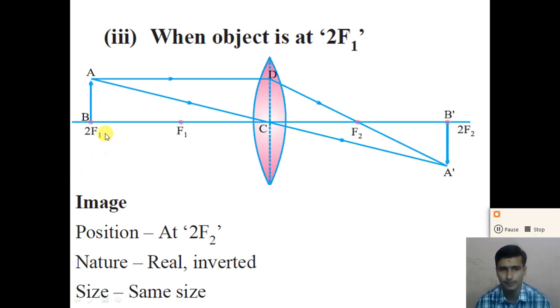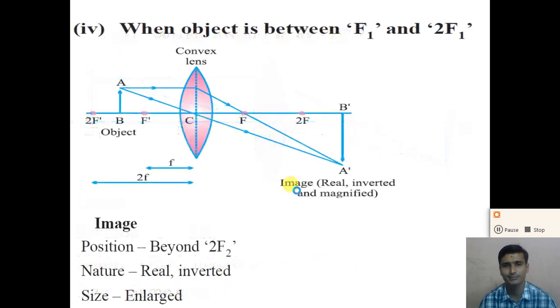So when the object is placed at 2F1, the image will be formed at 2F2. The nature of the image is real and inverted, and the size of the image is the same as the size of the object. Understand? Dear student, when the object is placed at 2F1, the image will be produced at 2F2. The nature of the image is real and inverted, and the size of the image is the same as the size of the object.